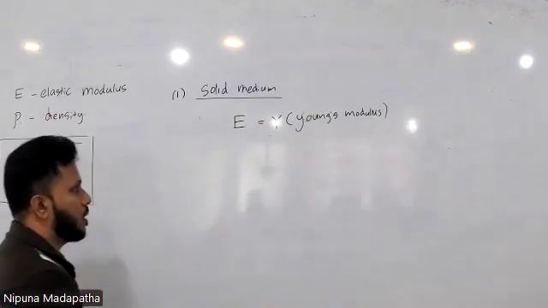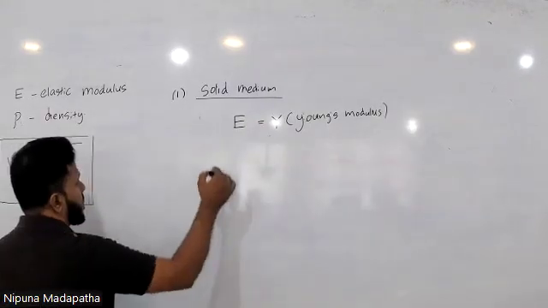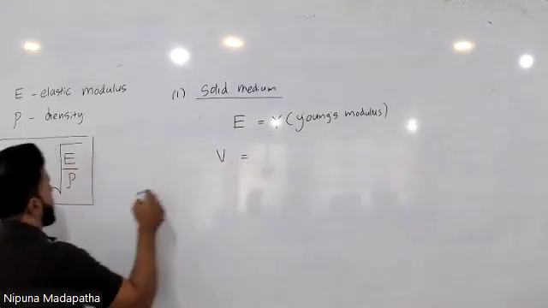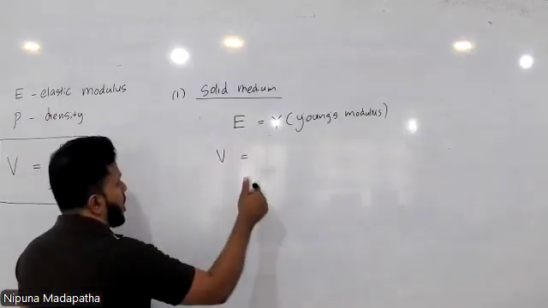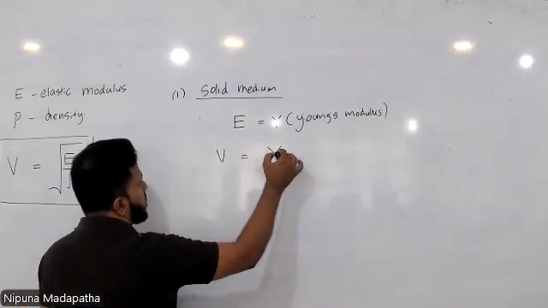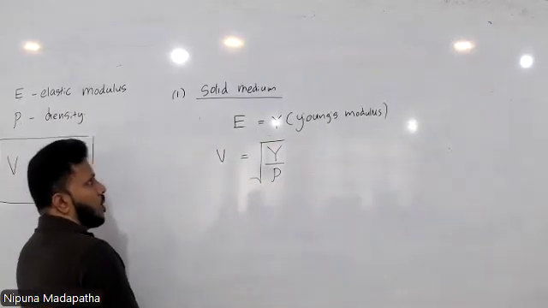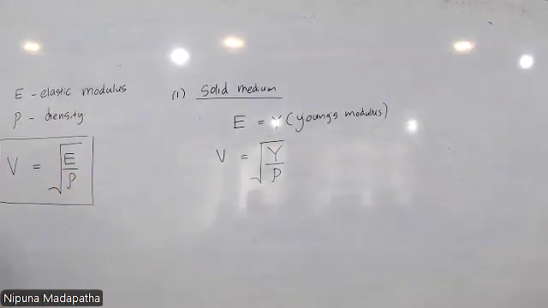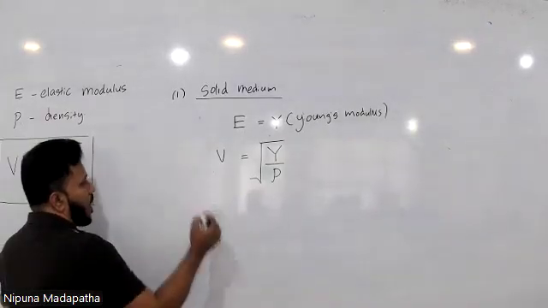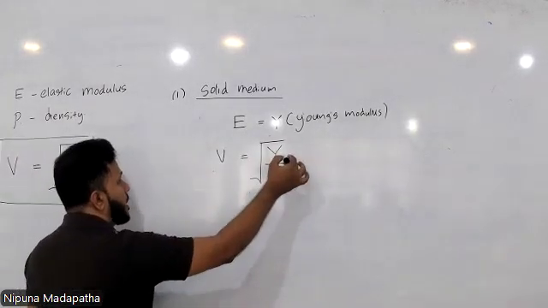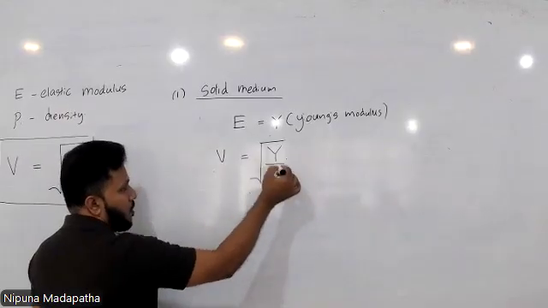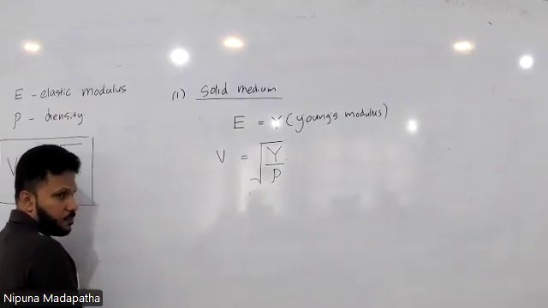So you can write the expression again by replacing the elastic modulus with Young's modulus: square root of Y divided by rho. For solid mediums, the speed of a longitudinal wave is given by the square root of the Young's modulus of the medium divided by the density of the medium.